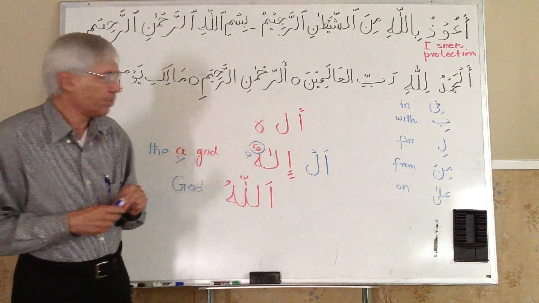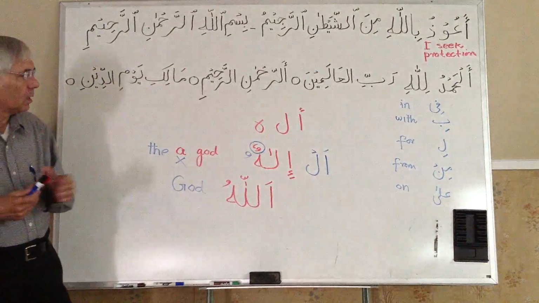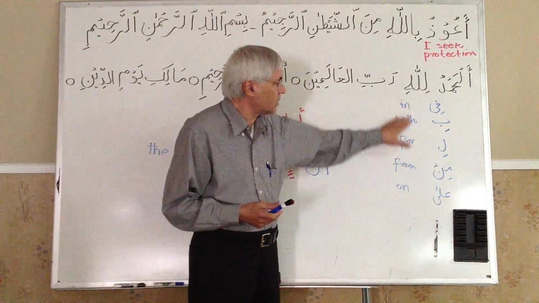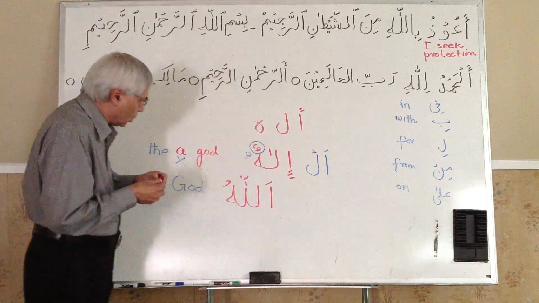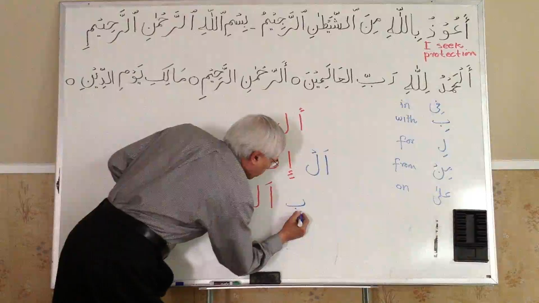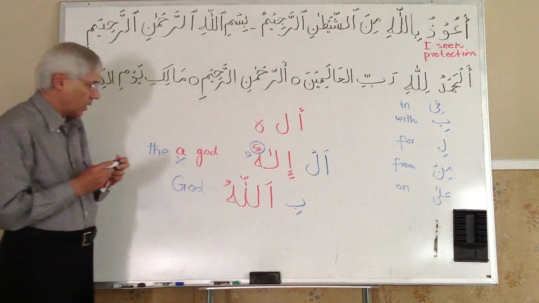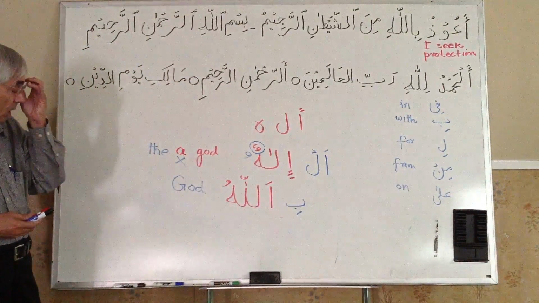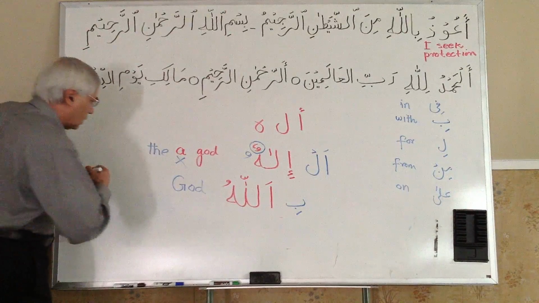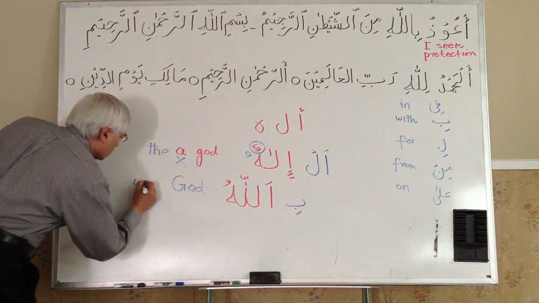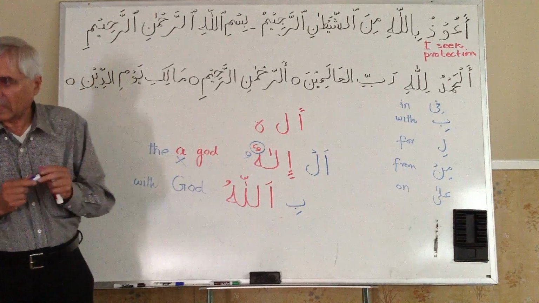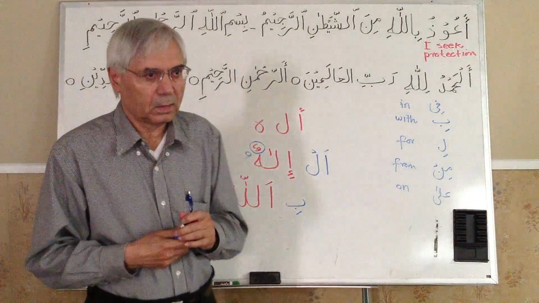But in Arabic, when these letters or these things, so I'm going to put one here, Bi. If I put Bi before the word Allahu, the meaning will be with God, with Allah. Okay?